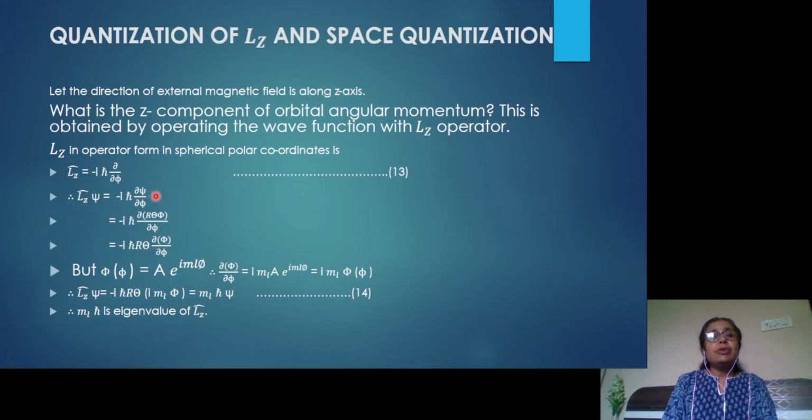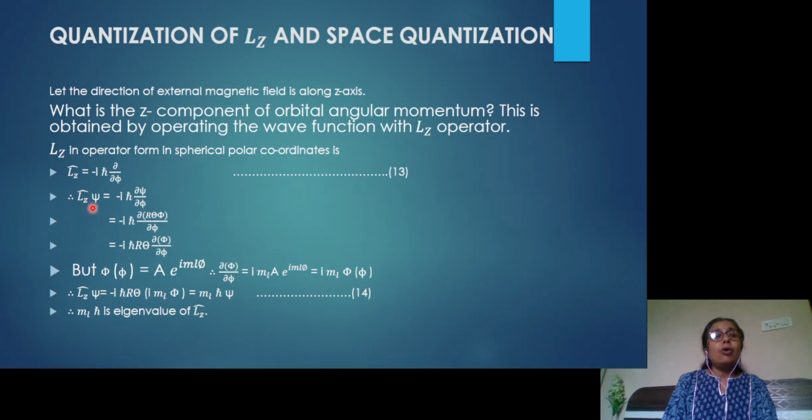Okay, the wave function psi is operated with the Lz operator. Now in the product R, theta, phi, we can see that the partial derivative of the phi function only can be calculated. R and theta will be treated as constants because they do not contain the variable phi. So R and theta are taken out of the derivative operator.